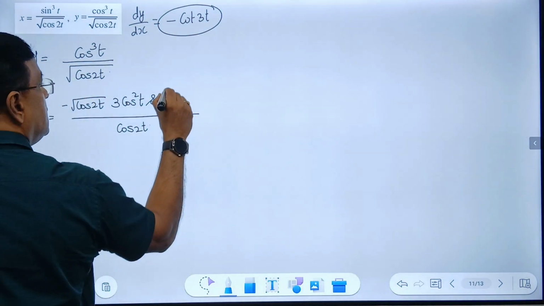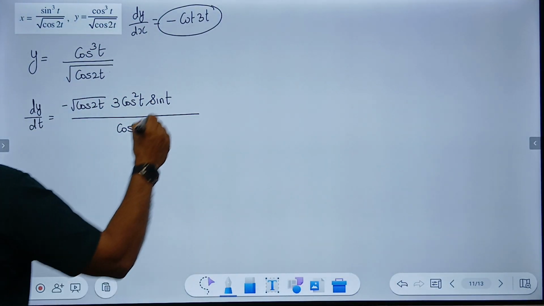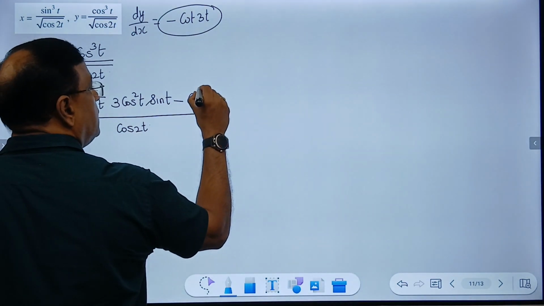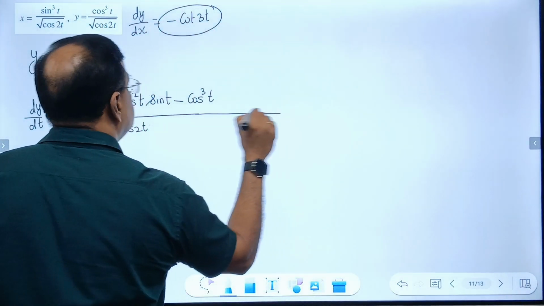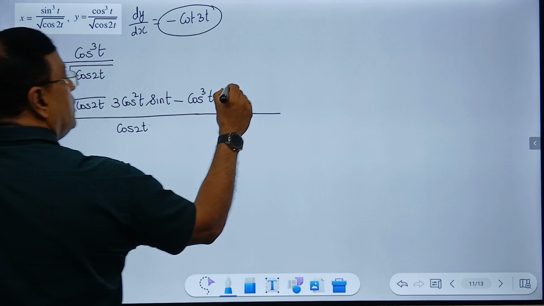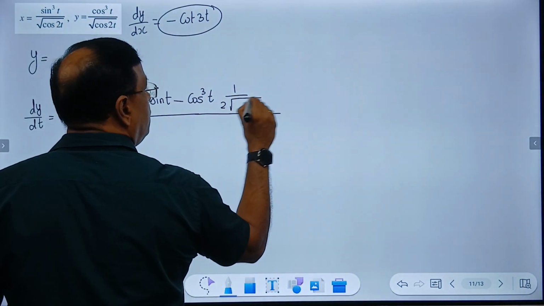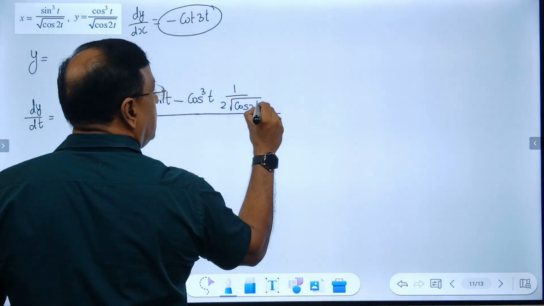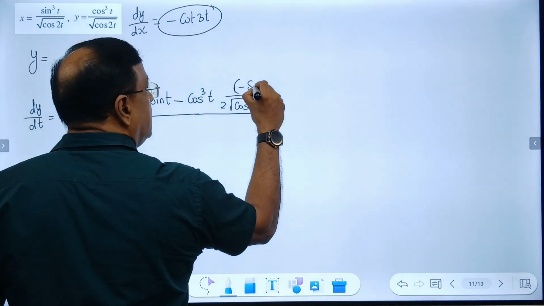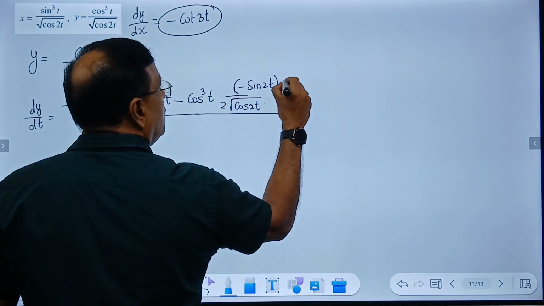Why minus? Differentiation of cos is minus. Minus cos cube t into, what is differentiation of root of cos 2t? 1 by 2 root of cos 2t into minus sin 2t into 2.